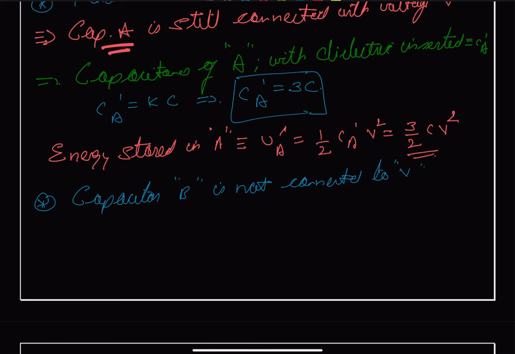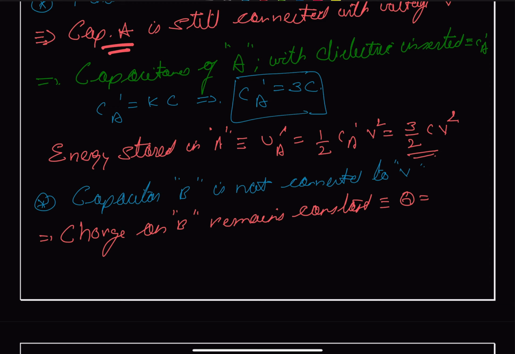We can say charge on B remains constant, that is Q will be equal to C times V. And when the dielectric is inserted, the capacitance of B, let us call it CB prime, will be equal to K multiplied by C, which gives CB prime equal to 3 times C.